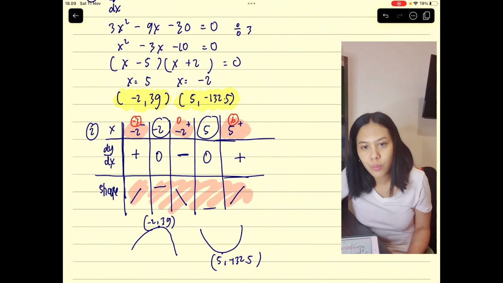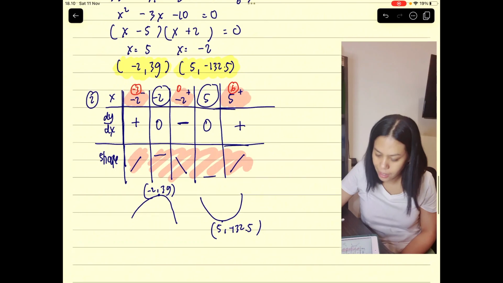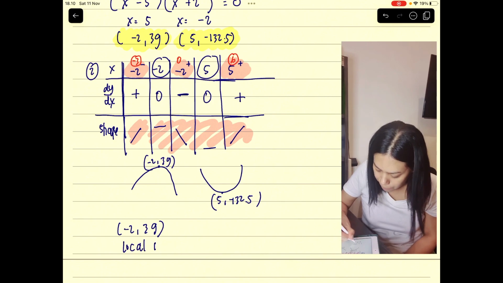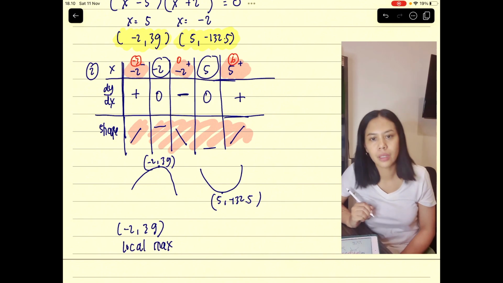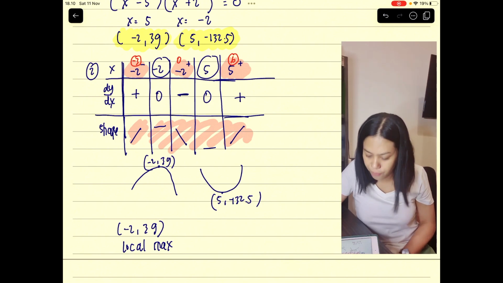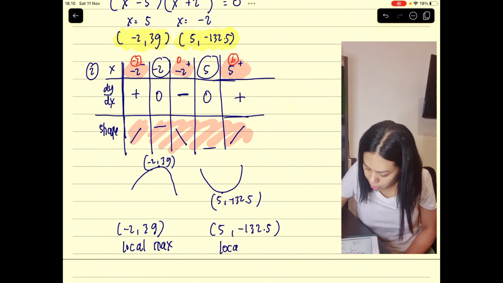So what are the natures of those 2 points? We can conclude that -2 comma 39 is the local maximum. Why is it the local max? Because it's at the top. And then 5 comma -132.5 is the local minimum.